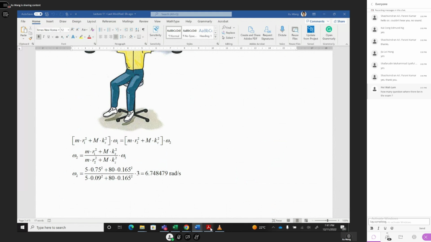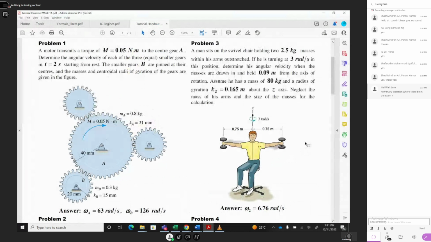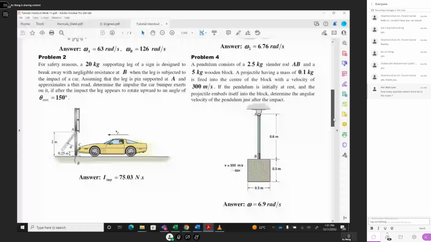And then we move to the next question. The next question is question 4. Question 4 says you have a pendulum consists of the 2.5 kilogram slender rod and a 5 kilogram wooden block.